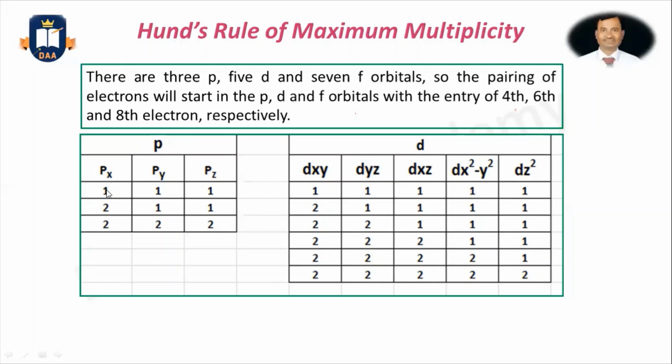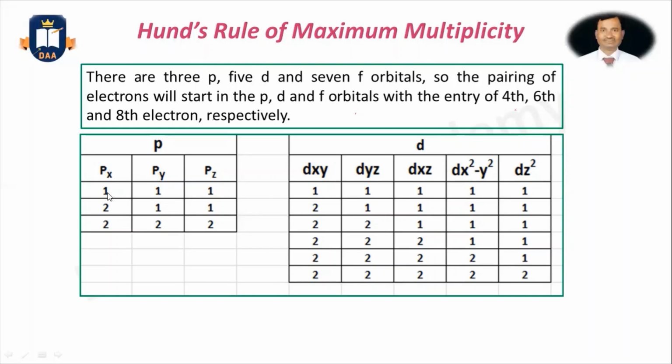The next electron will come here, and the third electron will come here. This px, py and pz are all equivalent in energy. I already described this in the previous class.